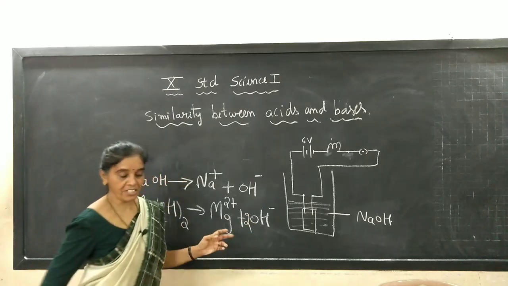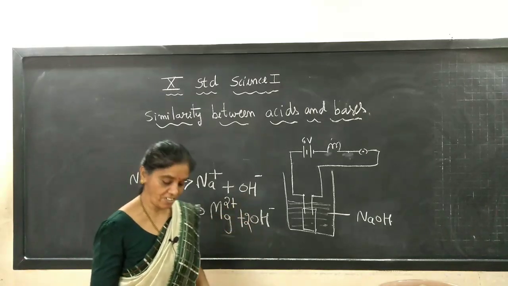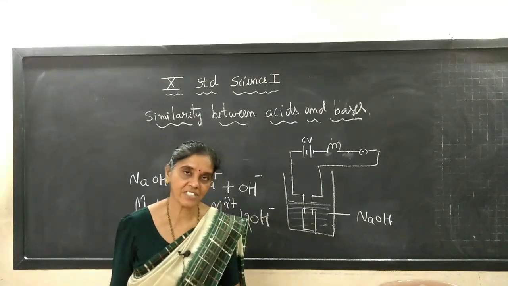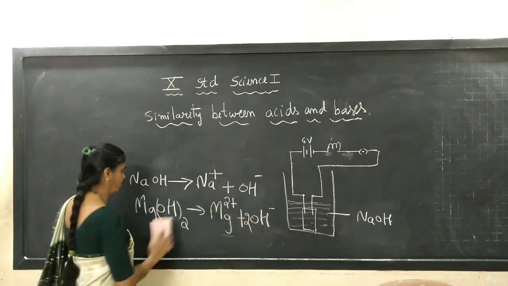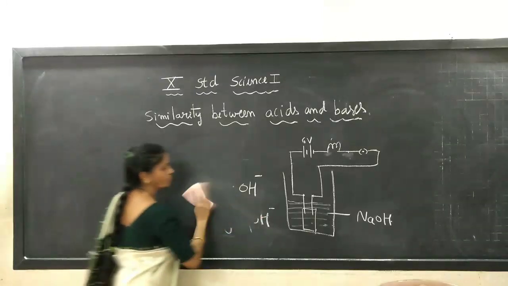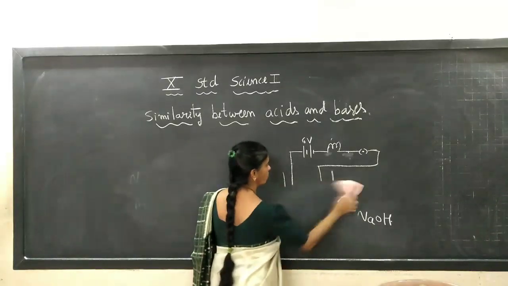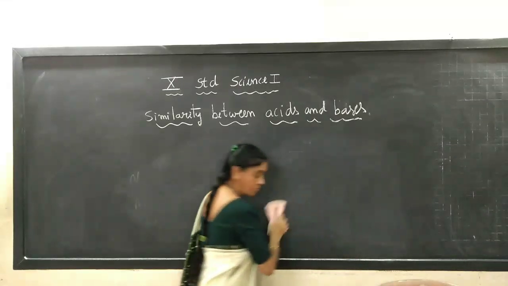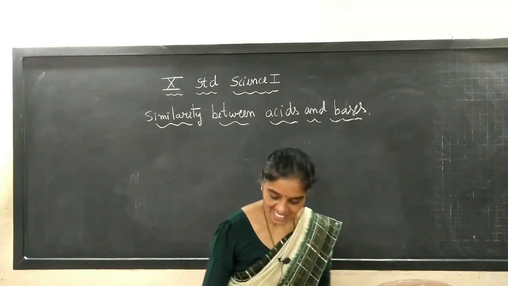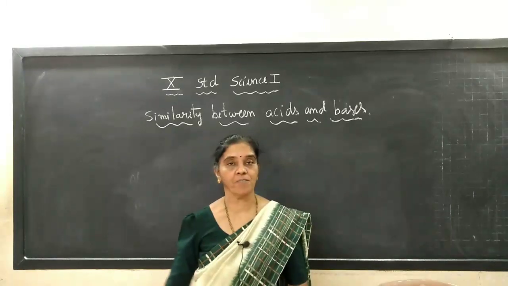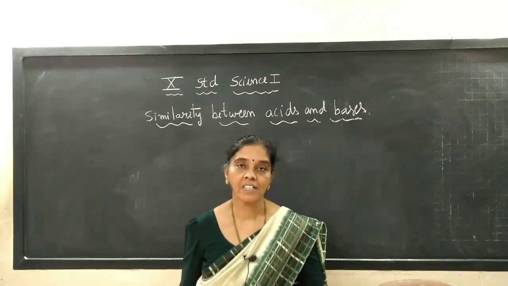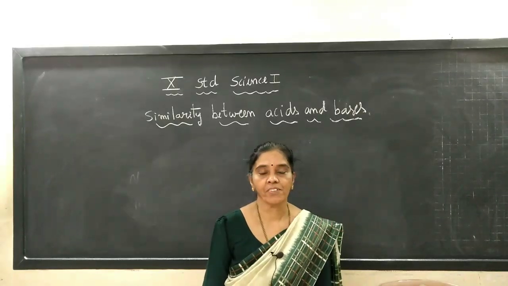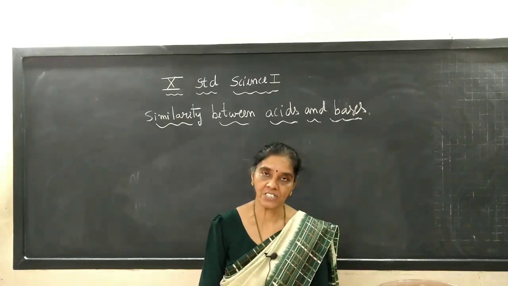Now these hydroxide ions help in the conduction of electricity in water. So we can say acids and bases in water break into ions and they help in the conduction of electricity.